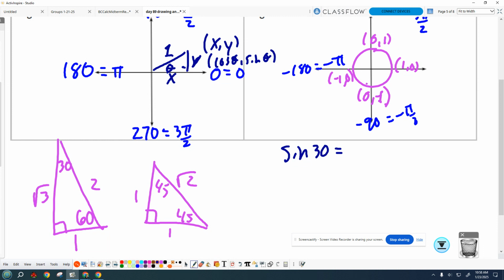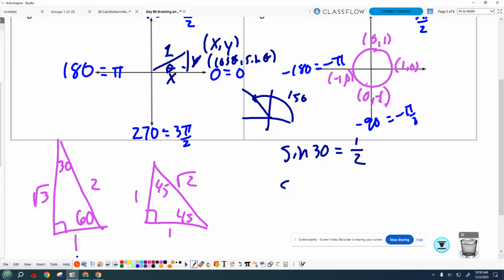So, sine of 30, I'm going to look here. What is sine of 30? Brianna, what is sine of 30? Look at the triangle. Sine is opposite over hypotenuse, 1/2. Okay, Jack, you ready? Here's 150 degrees. What's my reference angle? 30.